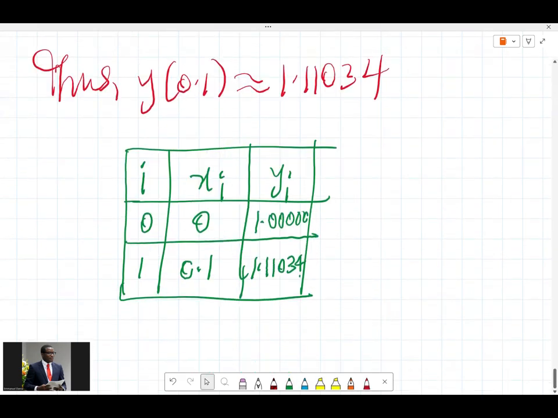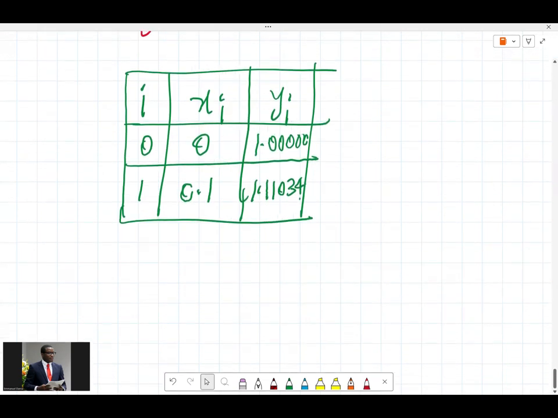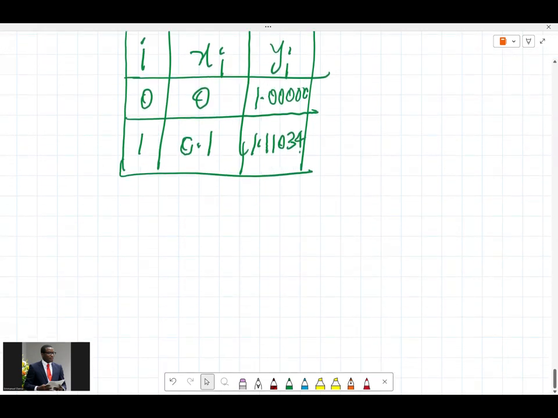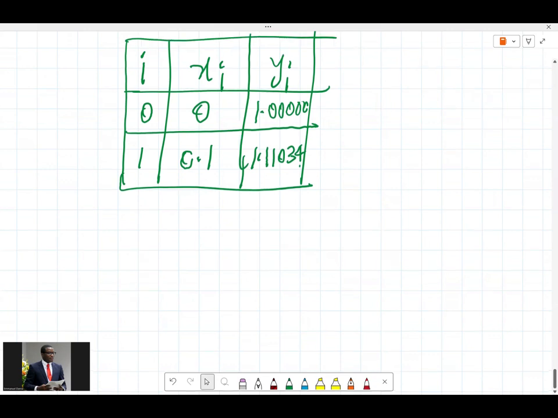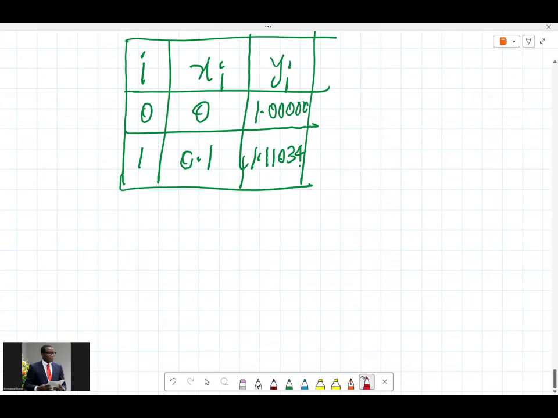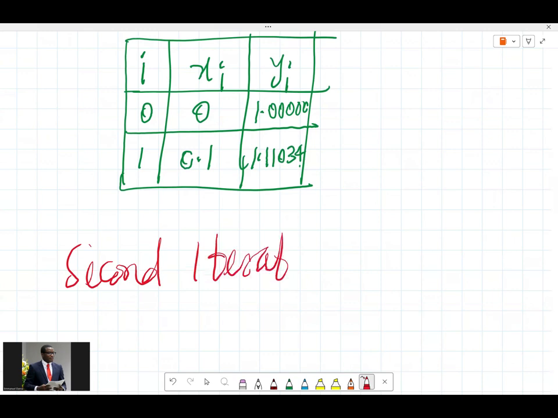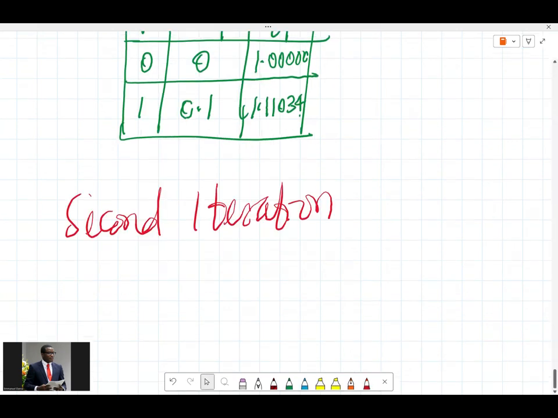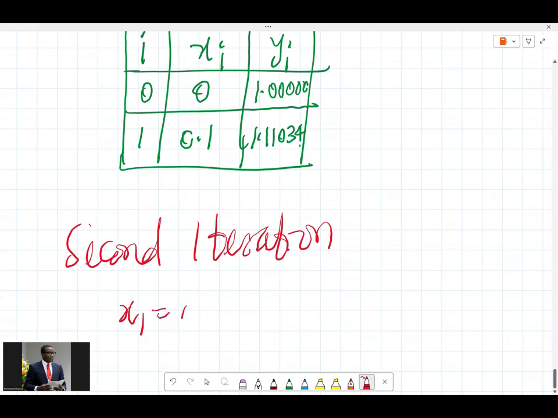So with that done, you can go for the second iteration. I won't bother, just like I said already, but I want to talk about that briefly. So in that case, you see that x1 is equal to 0.1. y1, you already have to be 1.11034.